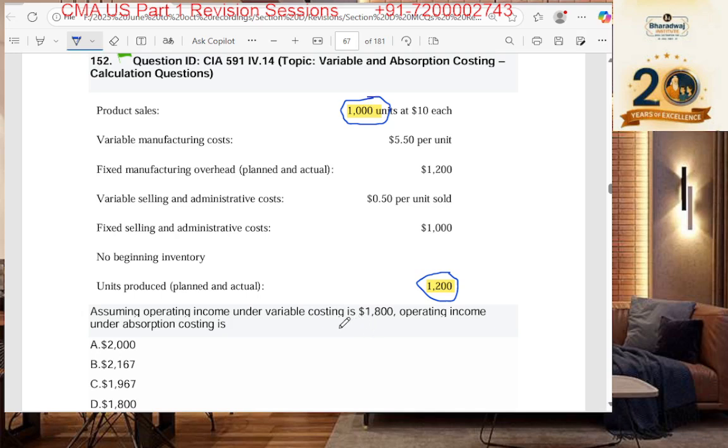So 1800 plus what? Fixed manufacturing difference. What is the difference? 200 units into the fixed cost per unit.